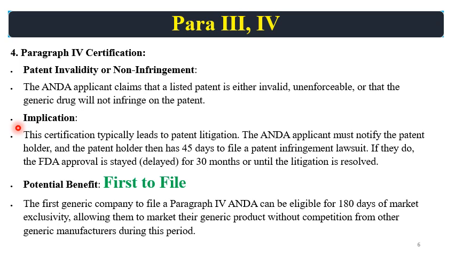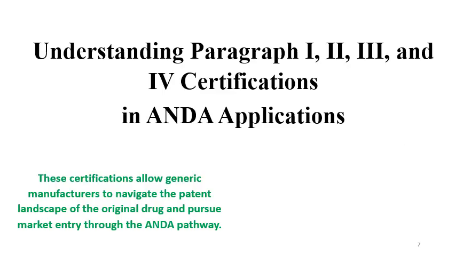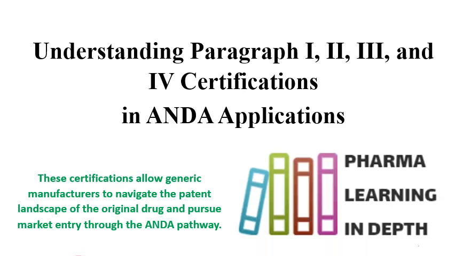So this is regarding paragraphs 1, 2, 3 and 4 for ANDA filing. These certifications allow the generic manufacturers to navigate the patent landscape of the original applicant or original drug and pursue market entry through the ANDA pathway.